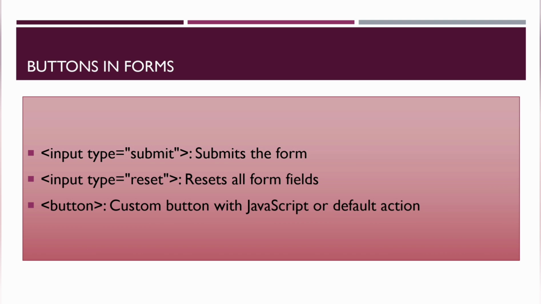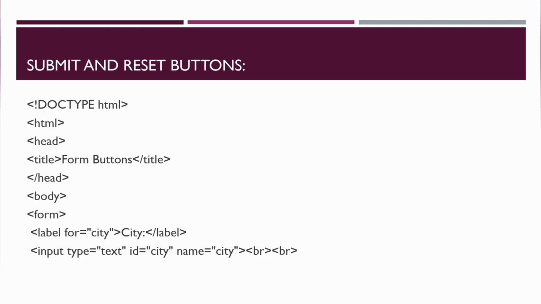Then let's see the code, how we are going to use all these. Submit and reset buttons. Doc type HTML, head, inside title I write form buttons, then open the body, then form, then inside the label I write for city, for typing the city. Then input type text, ID equal to city, name also city.